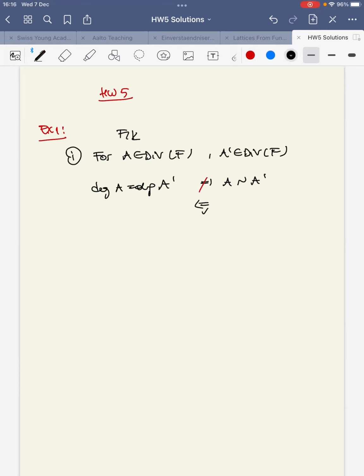Indeed, we can consider an elliptic function field. This statement is false, and a counterexample can be given by an elliptic function field.